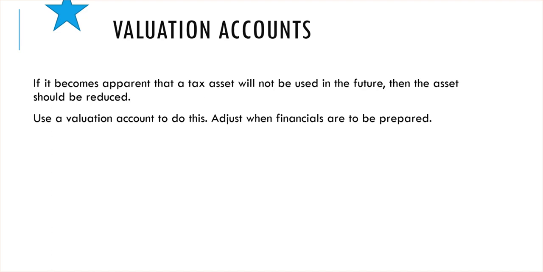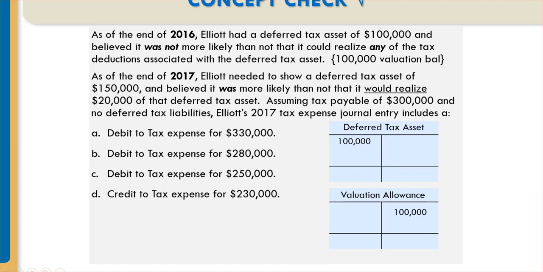And the rule is more likely than not that some portion or all of the deferred tax asset will not be realized. So the cash benefit in the future is more likely than not to be reduced. Then you should have a valuation account associated with that particular deferred tax asset.